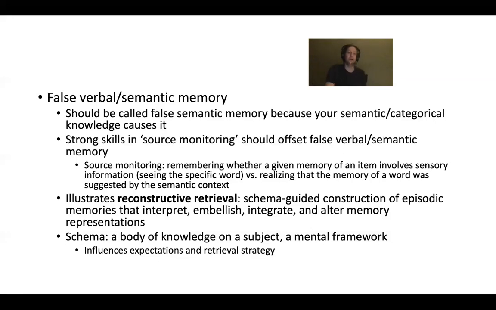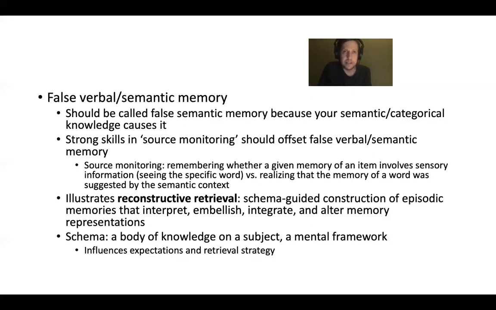And so the book talks about this idea of source monitoring, which is basically a skill that people vary on. It's defined here as the ability to go back to the source of a memory and evaluate it retrospectively. Did I actually have the sensory experience of seeing the word pear, of seeing the word window?